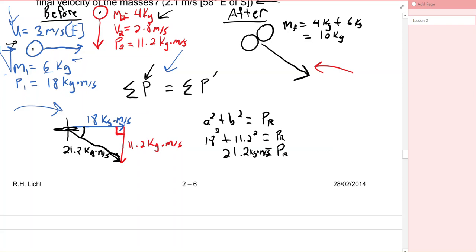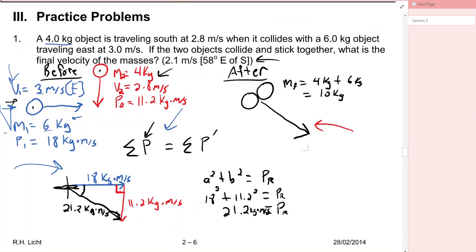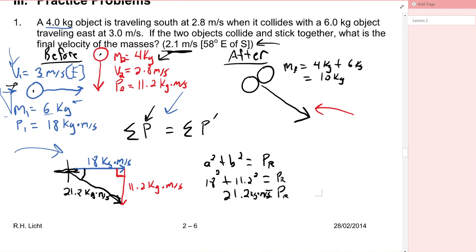All right, so you think, okay, well, that's my answer. No, that's not my answer. It wanted velocity, right? So we figured out what the momentum is. Well, that's a simple calculation now, right? Because we know that momentum is equal to mass times velocity, right? So if I want velocity, I just need to divide by my mass.